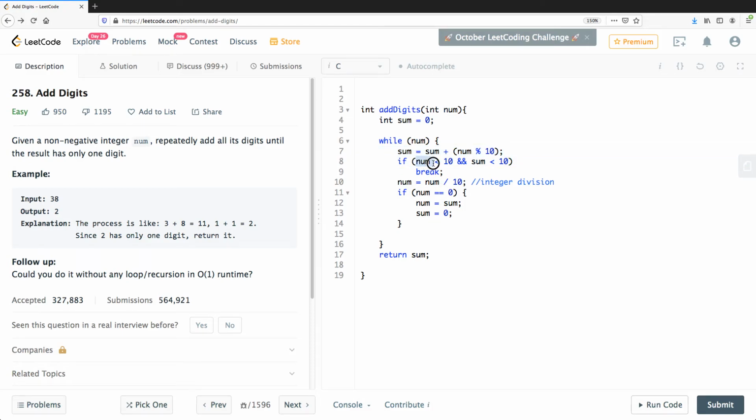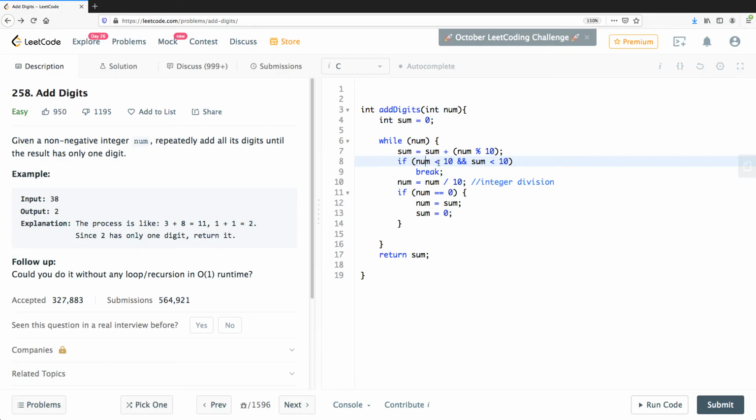Num is less than 10, yes, and sum is too, because we know that whenever num is in single digit, over here on line 10, we will end up with 0 and the loop is done. So that is why we put this before getting the last digit here.